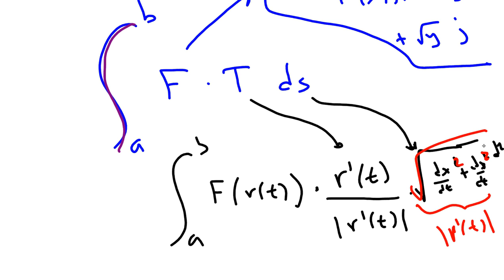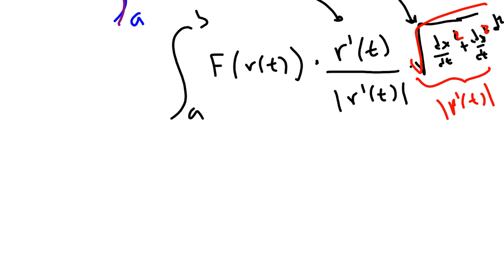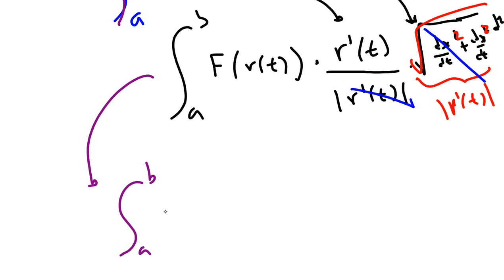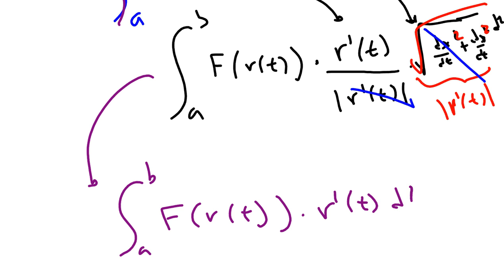It's the Pythagorean theorem. So then you get this very pretty way to compute the line integral, because these two things really cancel. When everything's said and done, you just get the integral from a to b of F of r of t dot r prime of t dt.